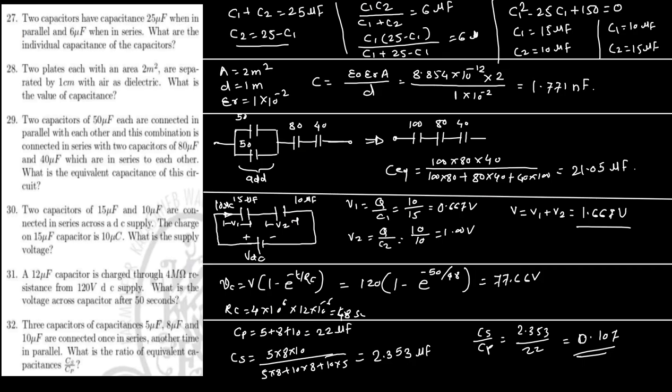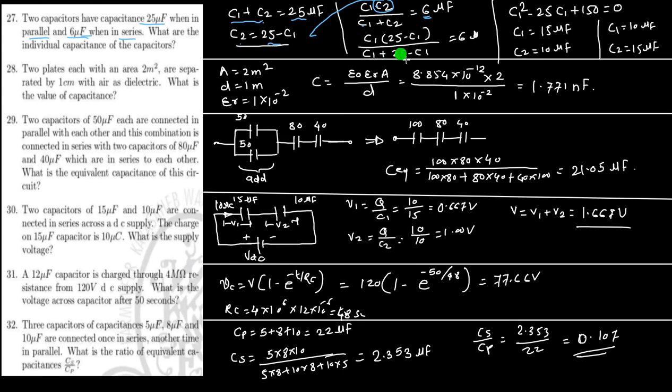The next one: two capacitors have 25 microfarad when in parallel and 5 microfarad when in series. So C1 plus C2 is equal to 25. From this you can calculate C2 as 25 minus C1. When they are in series, C1 C2 divided by C1 plus C2 is equal to 6 microfarad. I will substitute the value of C2, which is 25 minus C1.